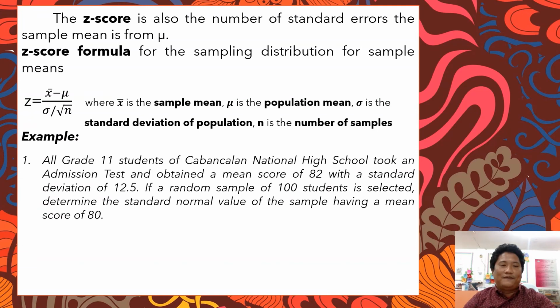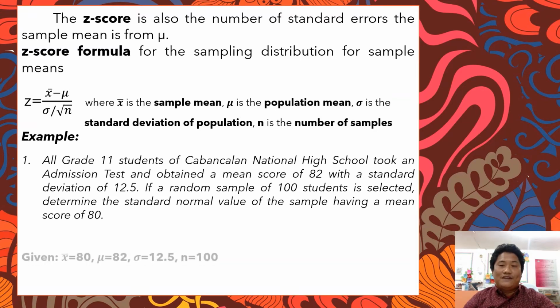Example number 1. All grade 11 students of Kabankalan National High School took an admission test and obtained a mean score of 82 with a standard deviation of 12.5. If a random sample of 100 students is selected, determine the standard normal value of a sample having a mean score of 80.